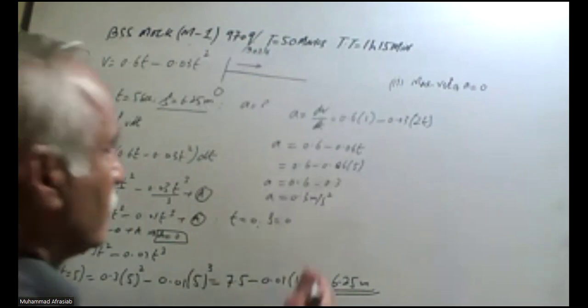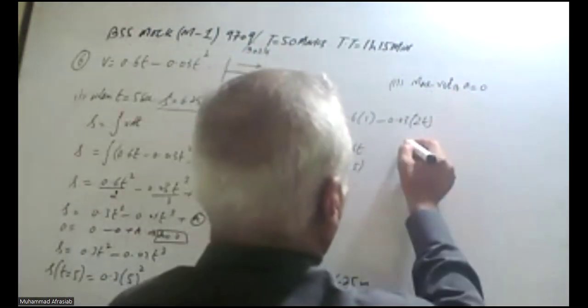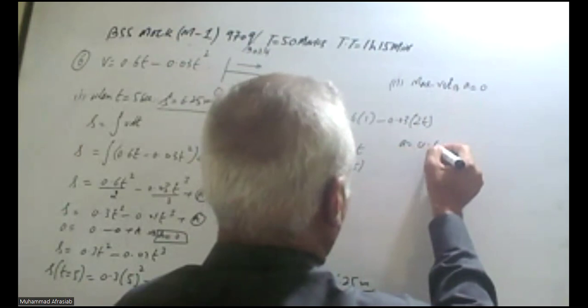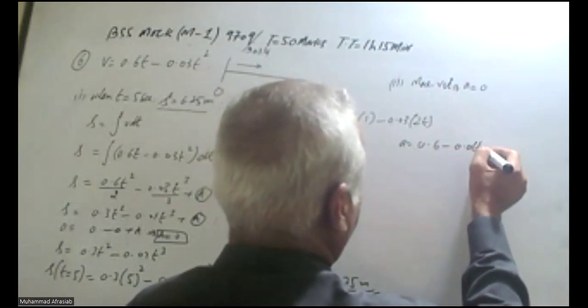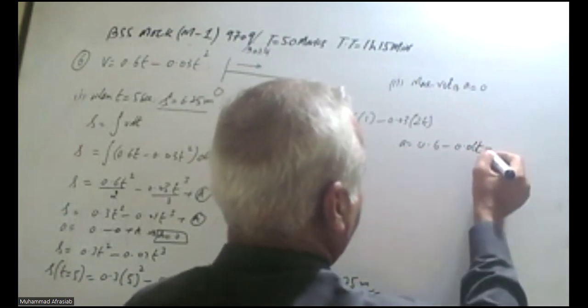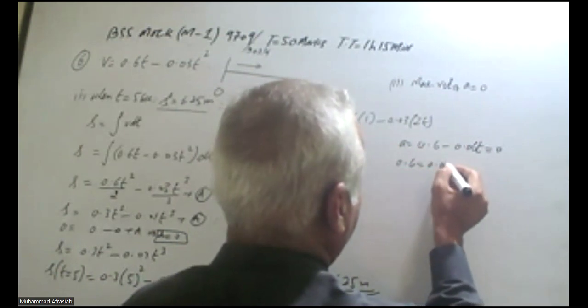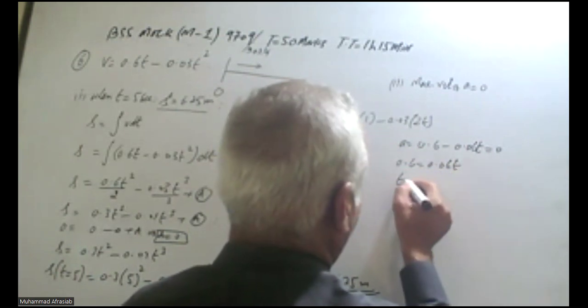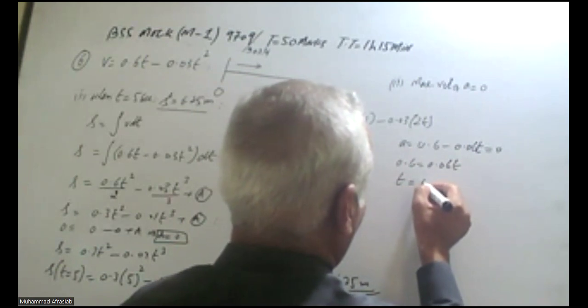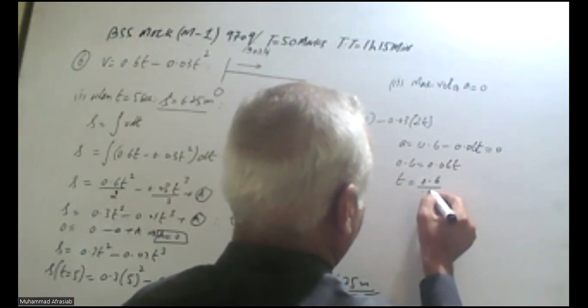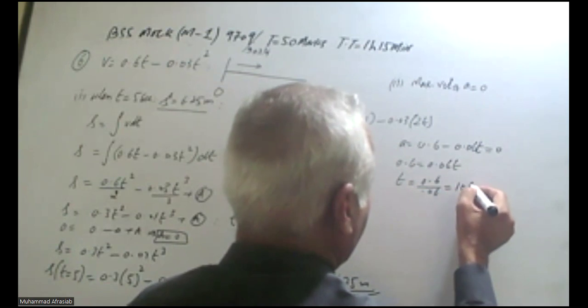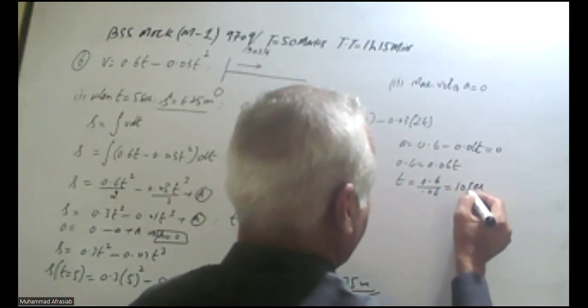Already we have calculated the acceleration as 0.6 - 0.06t, so that is equal to 0. So 0.6 = 0.06t, so t = 0.6/0.06, which is equal to 10 seconds.